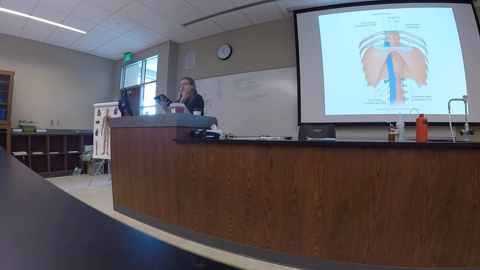On the inferior aspect, we have the relationship with the abdomen, and the border between the thorax and the abdomen is the diaphragm. On the previous slide, I showed you the esophageal hiatus, and this one gives us a little more detail: the esophageal hiatus at level T10, the aortic hiatus at T12, and the caval opening for the inferior vena cava at about T8.